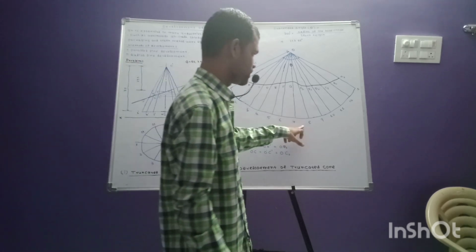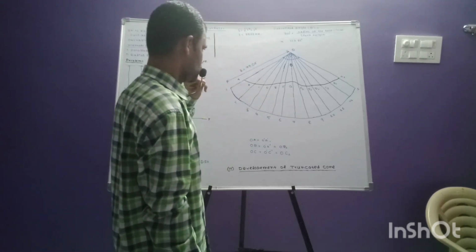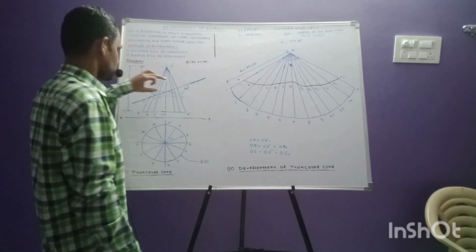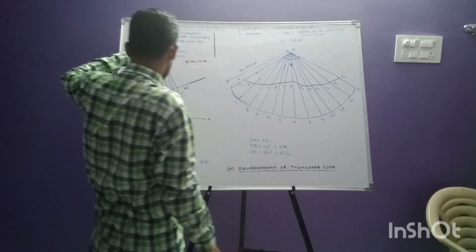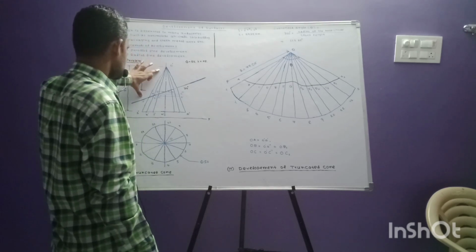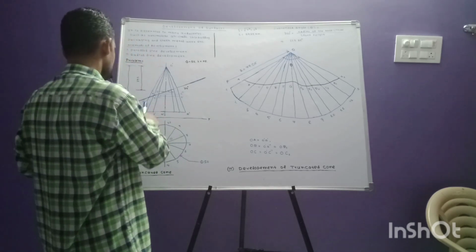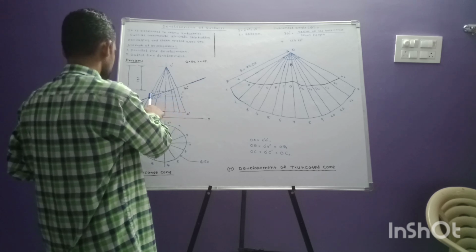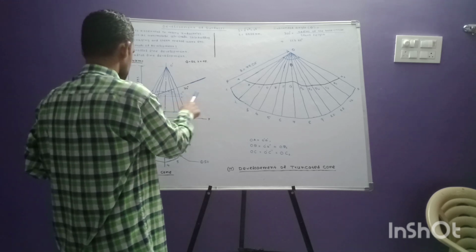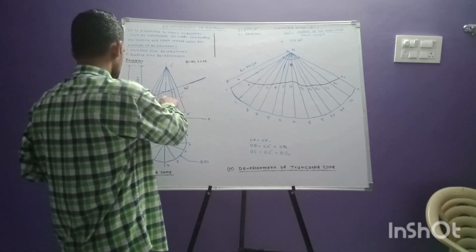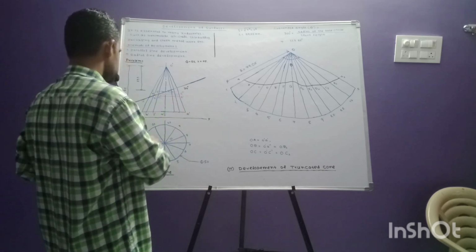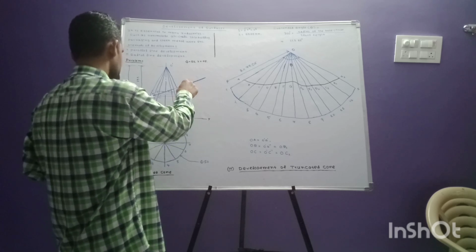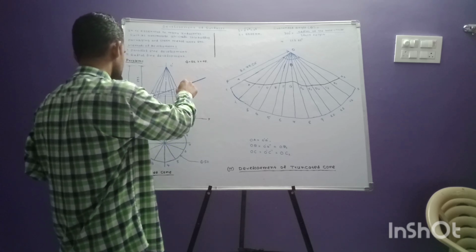So OA is nothing but O dash A dash, and whatever points are there on the inner generators should be drawn parallel to the base onto the outer generator. So this point will be B dash, this point will be C dash.